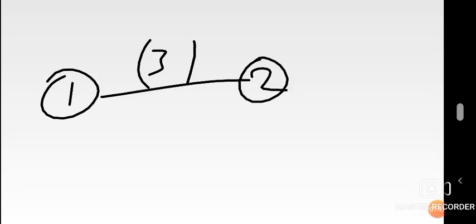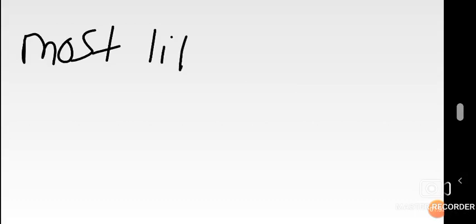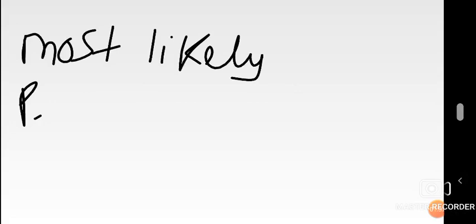So in order to get that mean duration time, there are 3 times that should be looked at for a possible route. Let me write them on the screen. There is the most likely time. There is the pessimistic time.